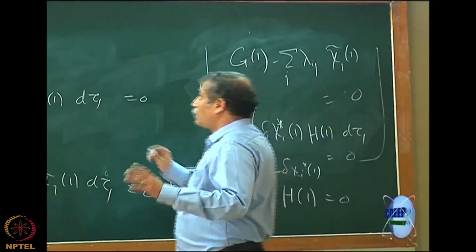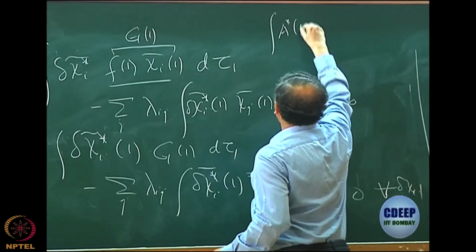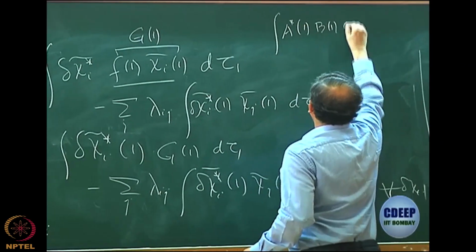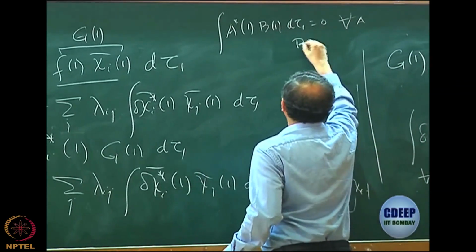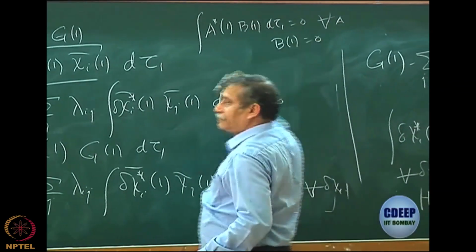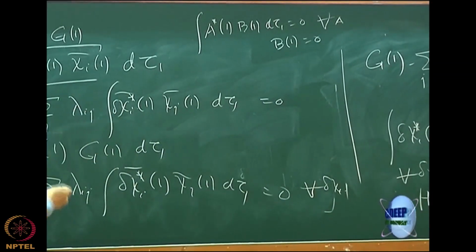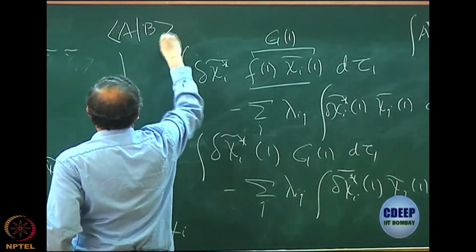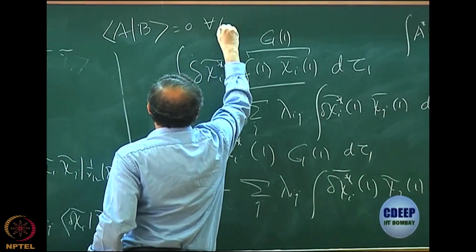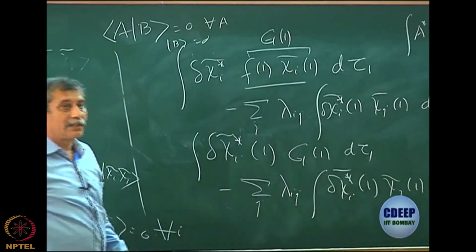This is just like we say in the vector product. If all integral, remember vector product, a star 1, b of 1, delta 1 is 0 for all a, then b itself is 0. We use this in vector product. In fact, very simply we use in the scalar product of the vectors, a.b equal to 0 for all a, it means b equal to 0. So this is the same thing I am doing now actually.